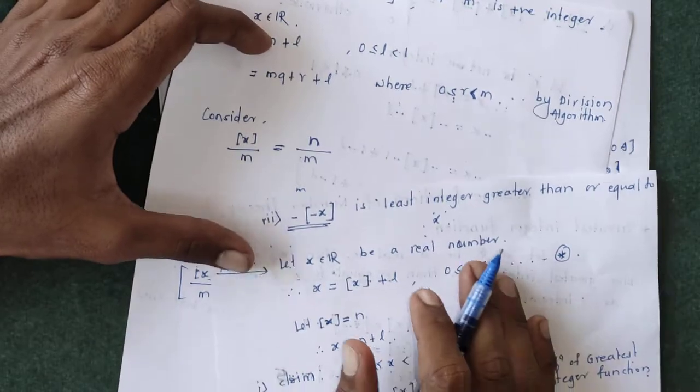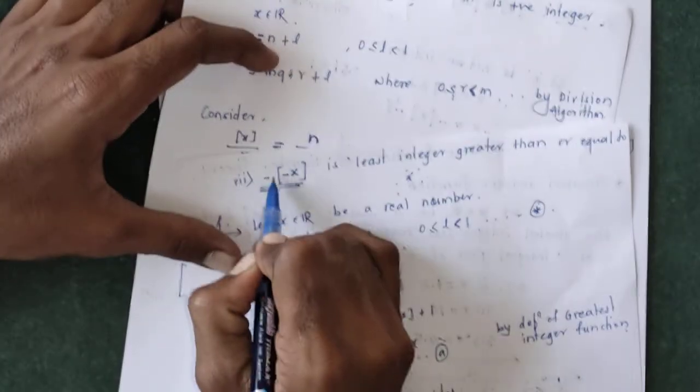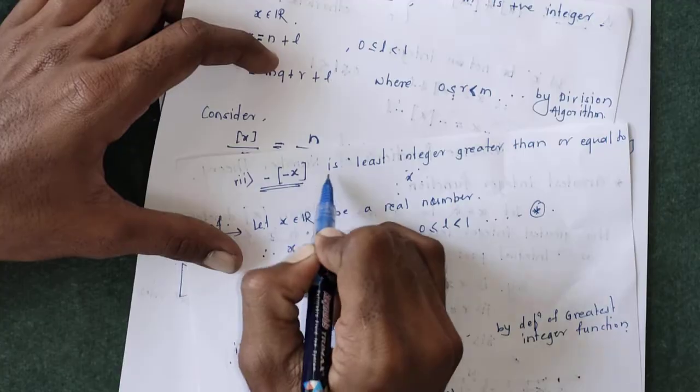Now our last claim, the seventh claim, is that minus of the integral part of minus x is the least integer greater than or equal to x. That is, we have to prove that minus of the integral part of minus x is greater than or equal to x.